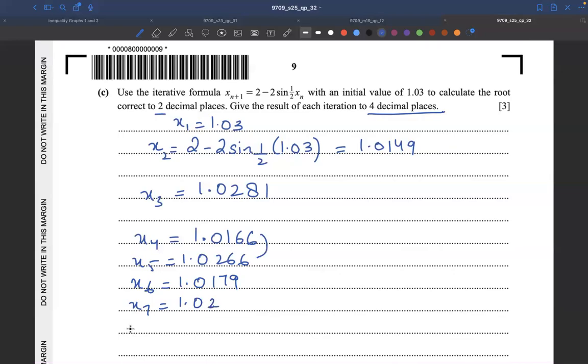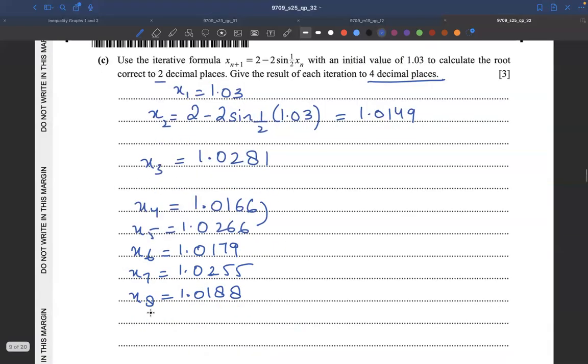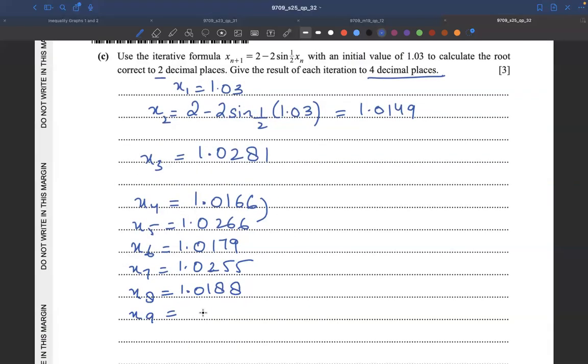0.0255, substituting it back in over here, we will get 0.0255 over here. Now this is 1.0188, so 0.0188, and then substituting it back again, 0.0246, 1.02469, so 0.0247.